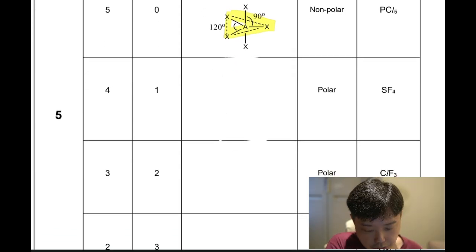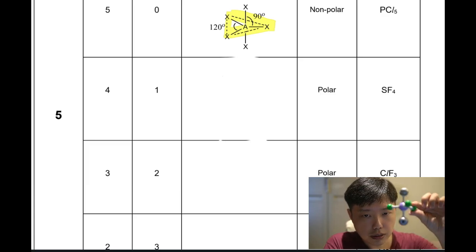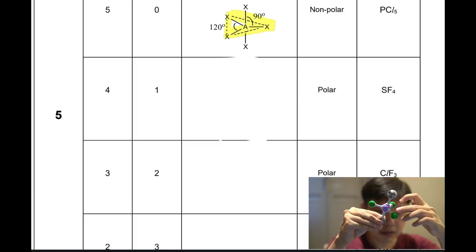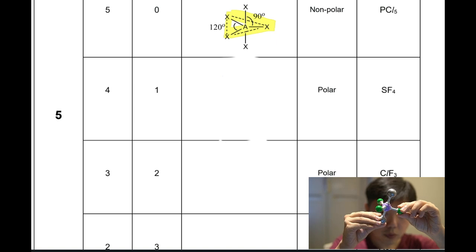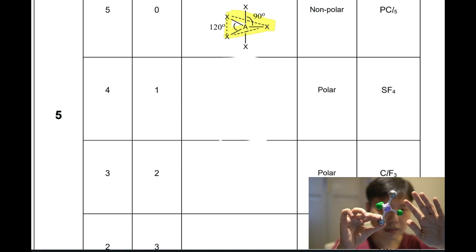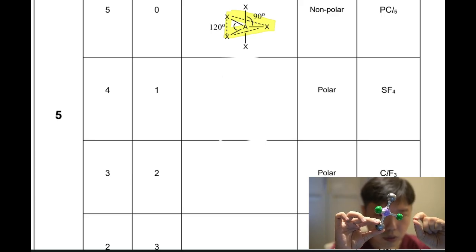So let's look at the advanced shape. Imagine if you have to put a lone pair in. You need to decide whether to put it on the axial position or the planar position, either the gray ball or the green ball. The overarching principle in VSEPR is to minimize repulsion, especially those repulsions where the bond angle is very close together, for example 90 degrees.